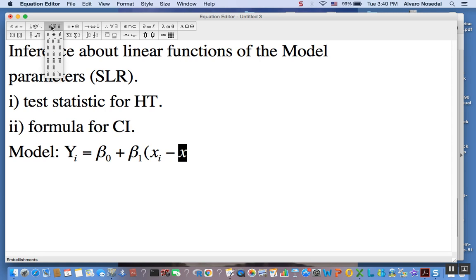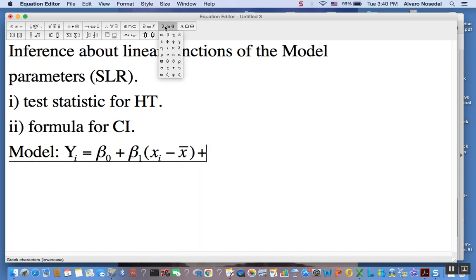So that's what we mean, remember, by a centered model. And we have played around with that before. Okay, epsilon i, that random fluctuation, the error term. That's the model. Now let's talk about the assumptions.